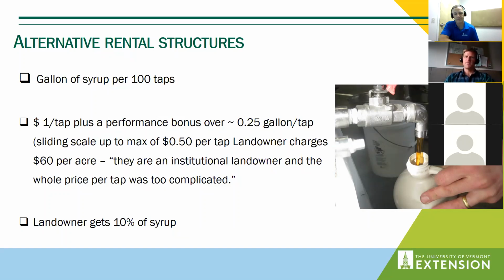Looks like Matthew Fisher was asking if sugar content of sap would be a good method for calculating rental rate. That it would be a really tough thing. We know that sugar content varies throughout the season. You have a low point, high point in the middle somewhere, and then it deteriorates towards the end of the season.